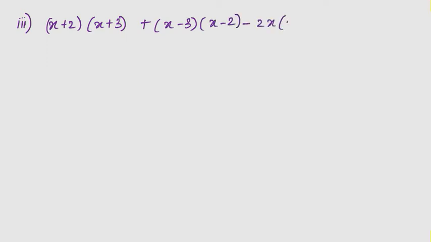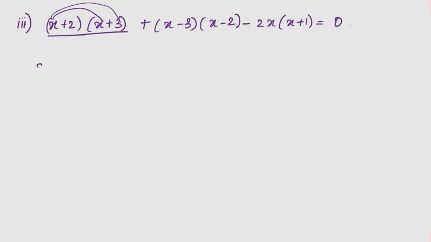Next question: x plus 2 into x plus 3 plus x minus 3 into x minus 2 minus 2x into x plus 1 is equal to 0. First let us solve these two terms, multiply x with x and x with 3.